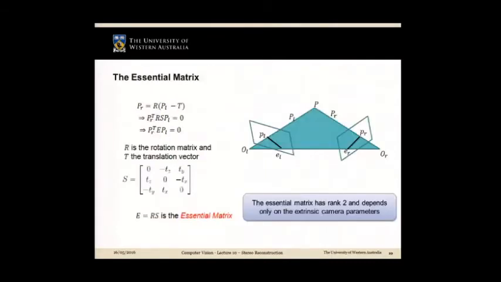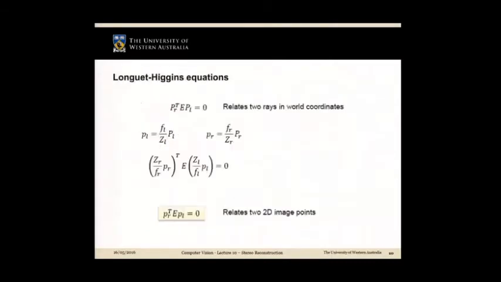Okay, now this equation PR transpose E PL is called the Longuet-Higgins equation. And as I've told you, this equation actually relates to points, but by substituting these values in the same equation, you can actually derive the relationship between the image planes. So this Longuet-Higgins equation gives you the relationship between two rays and between two points, right? The same expression you already know, where we have done XL equal to F divided by Z and all that.